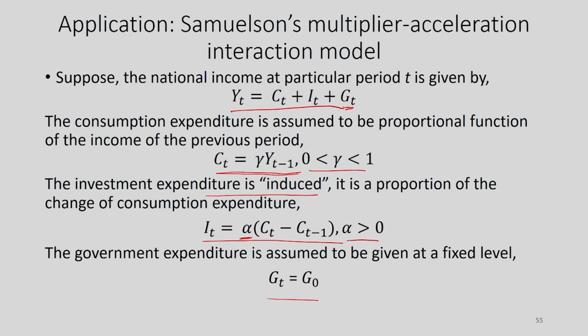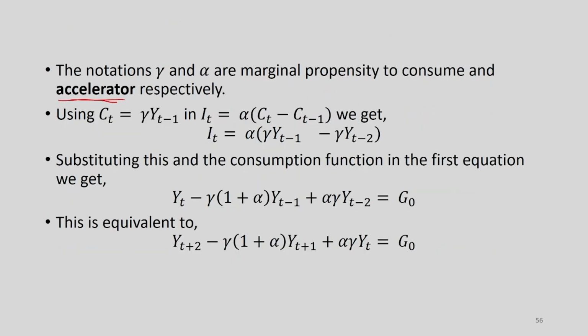This is the reason why this model is called the multiplier acceleration interaction model. We have already introduced the marginal propensity to consume, that is gamma, that we shall see is an element of the multiplier, and we have introduced the accelerator. Subsequently, we shall see that these two will interact to throw up interesting configurations of the time path of income.